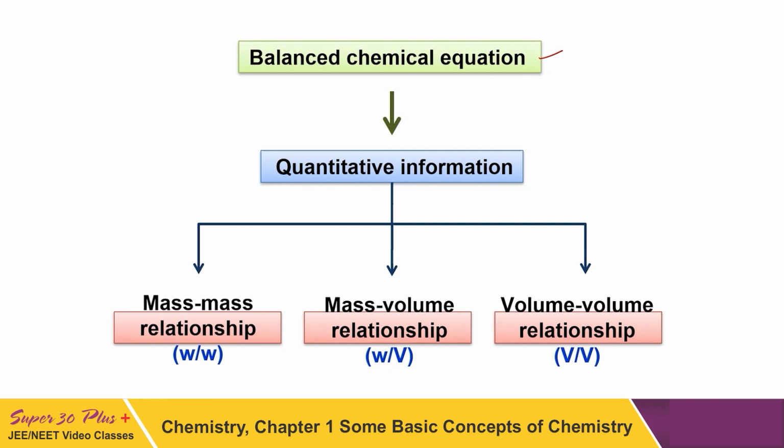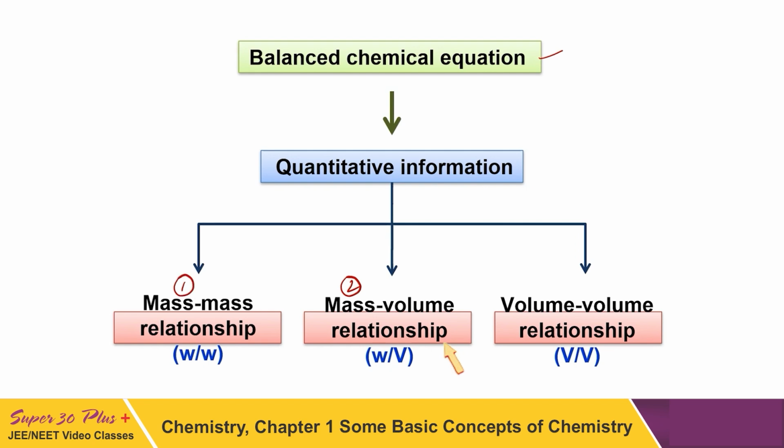We have three kinds of relations which we use in stoichiometry. One is the mass-mass relationship. Students, in the mass-mass relationship, we predict the mass of another reactant with the help of the mass of a given reactant or the product. The another relationship, number 2, is the mass-volume relationship.